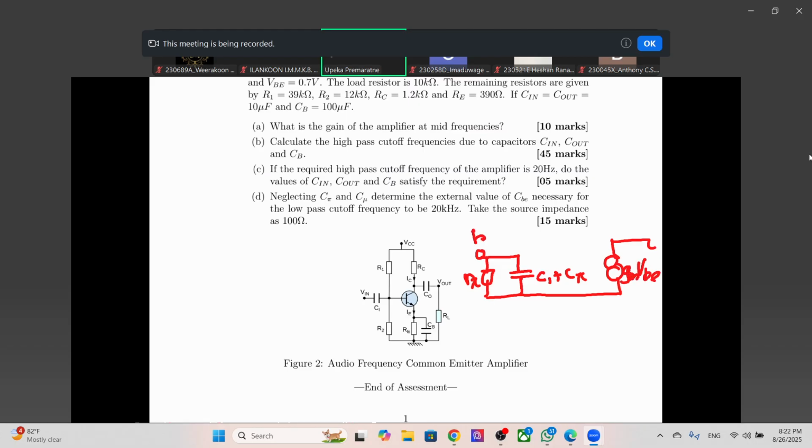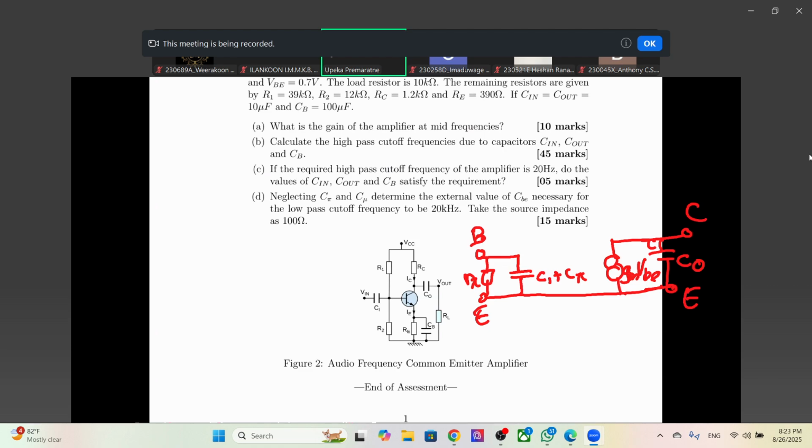This is the base, this is the emitter. Here we have the output Miller capacitance, here we have the collector, and here also the emitter.